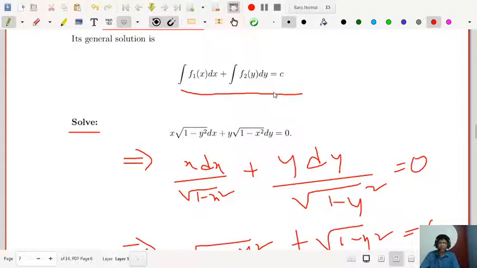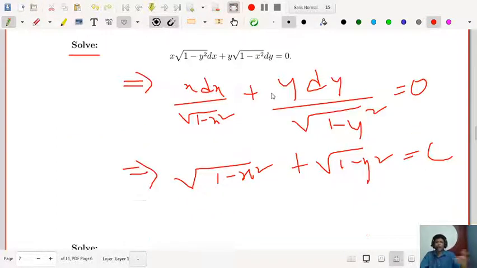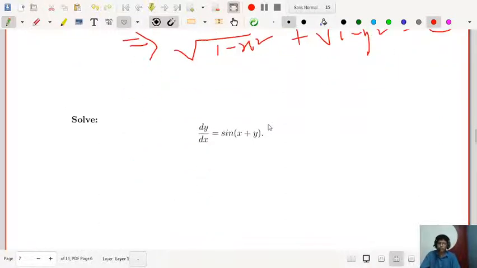But there are equations where you cannot separate the equation initially, so you need a substitution there. Just like this equation, dy dx is equal to sine of x plus y. You cannot write it with m a function of x alone and n a function of y alone. In this case you need a substitution.